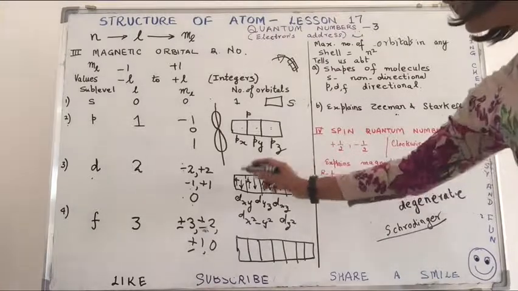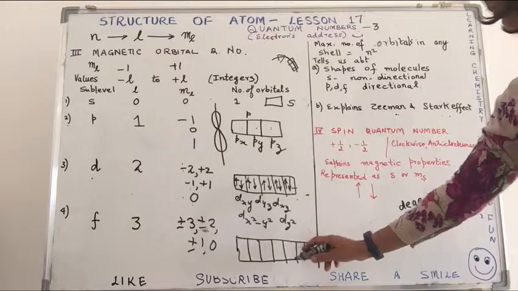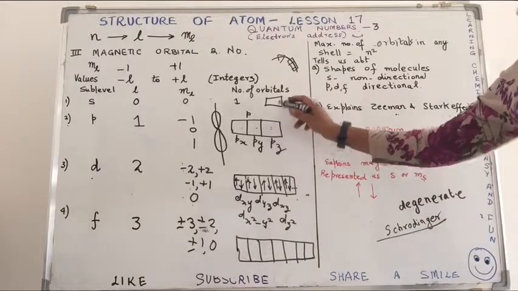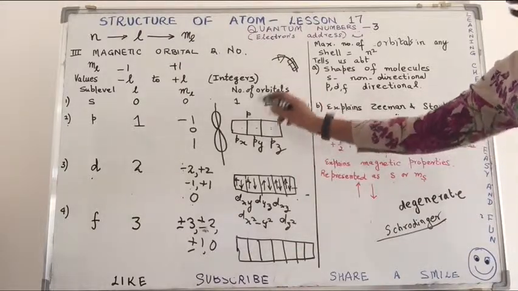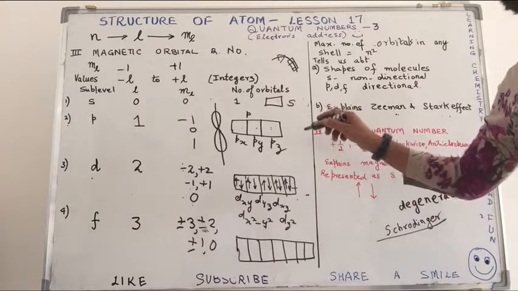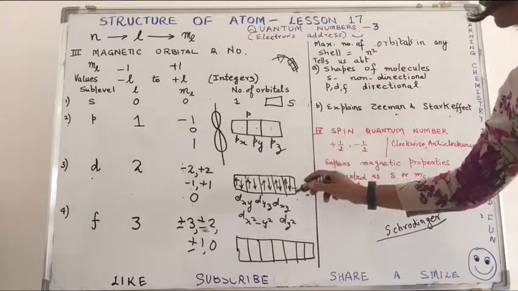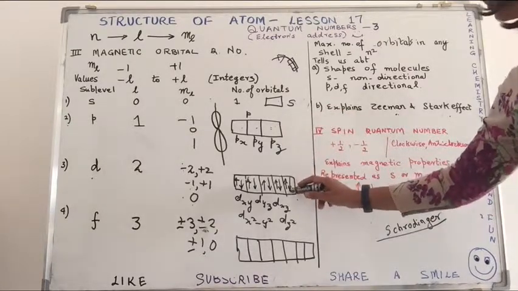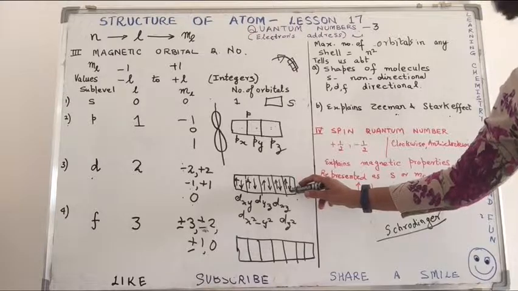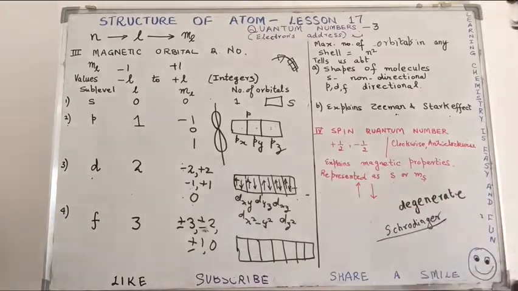Yes, if you see over here, it is 10, 14, 6, 2. This we are going to do in the next video, as to how we can have only 2 electrons in any orbital and not more than that.